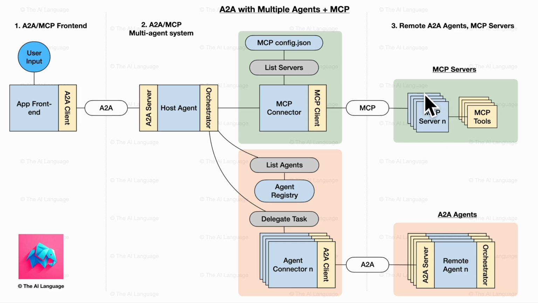So we'll at least use one MCP server that exposes the shell of the local machine to run local commands, and you'll get to see all that code, the startup scripts, the discovery process, the connectors, and the orchestration logic, and how this all works together, where you'll actually be able to type in a query to either run a command through your MCP server or type in a query to actually perform a task through a remote agent, all through the same app front end and a single host orchestration agent.